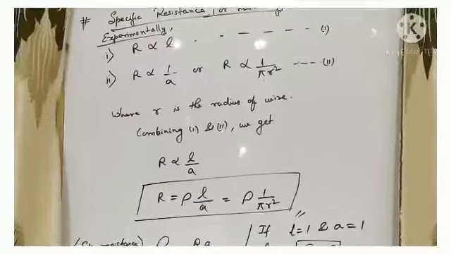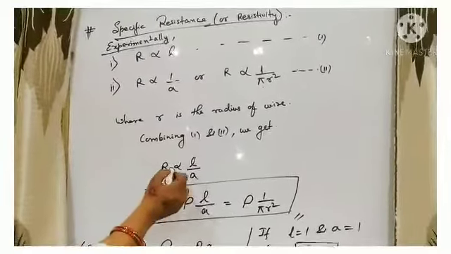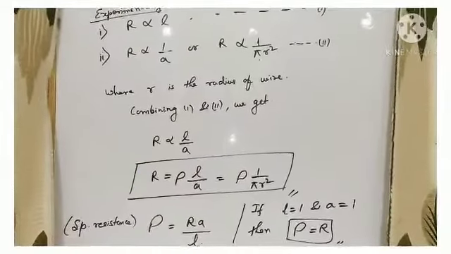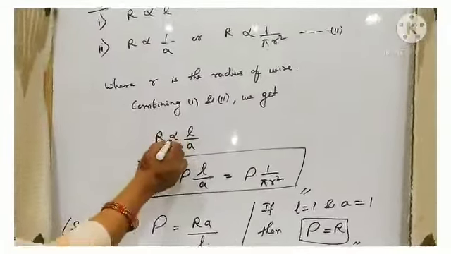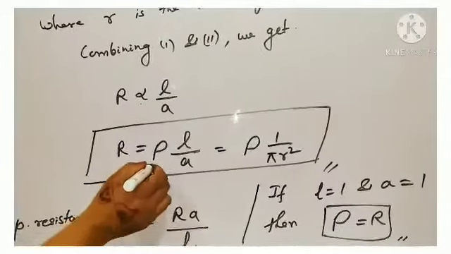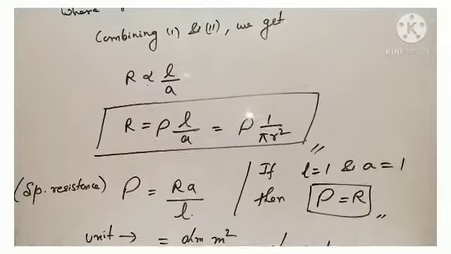Combining these two, we can write R is proportional to L by A. Here we know that when we remove the proportionality, a constant will come. Here the constant is specific resistivity, denoted as rho.